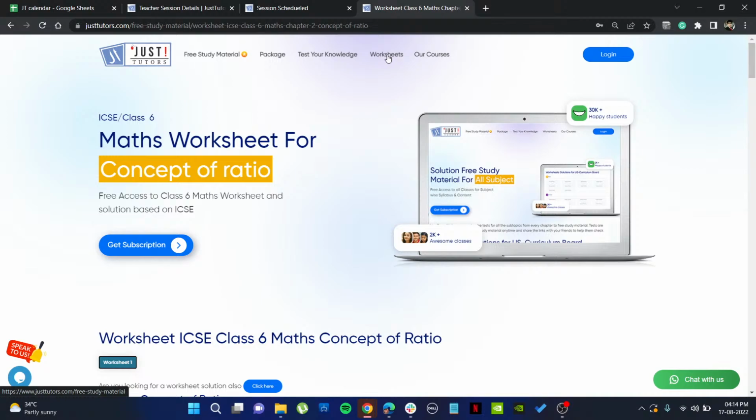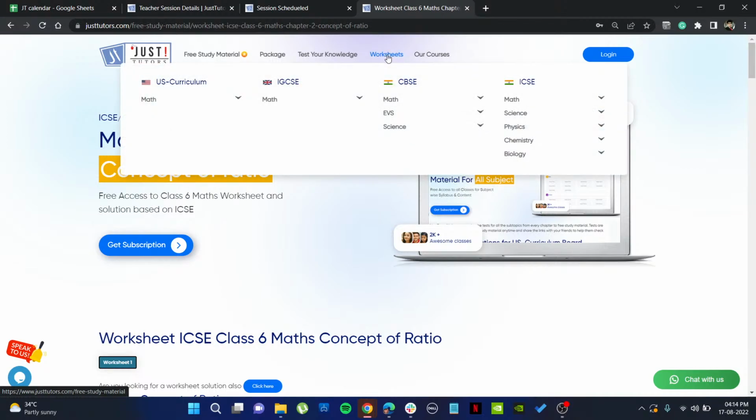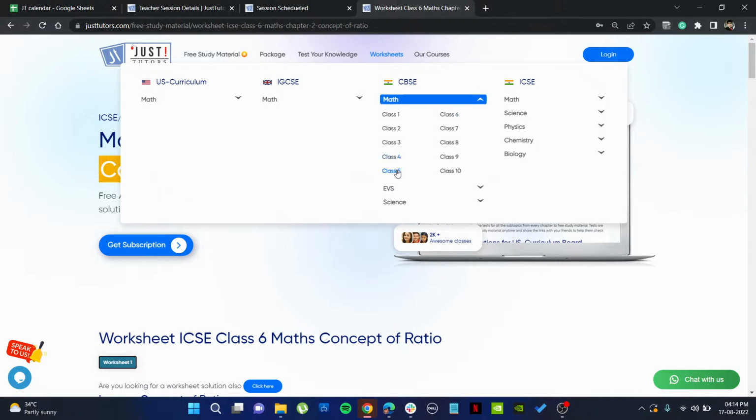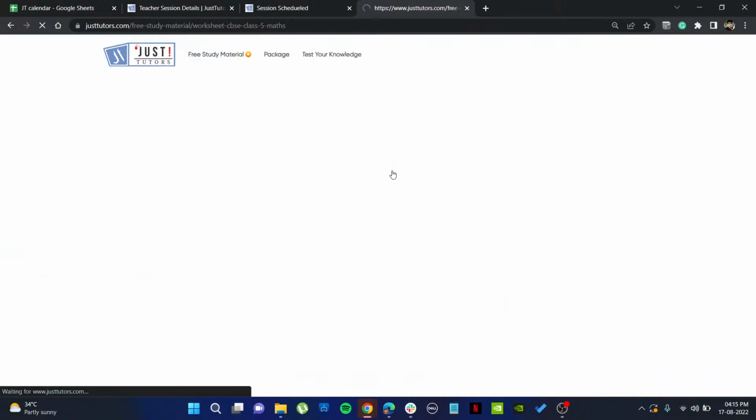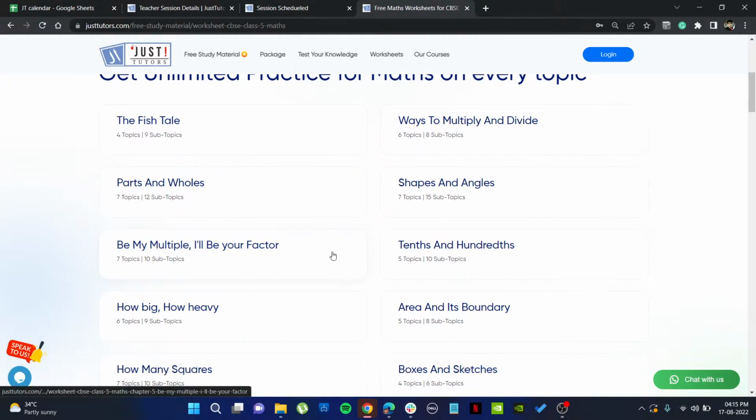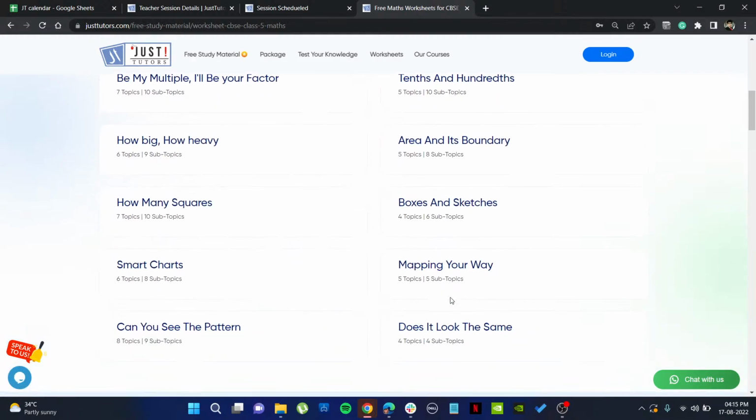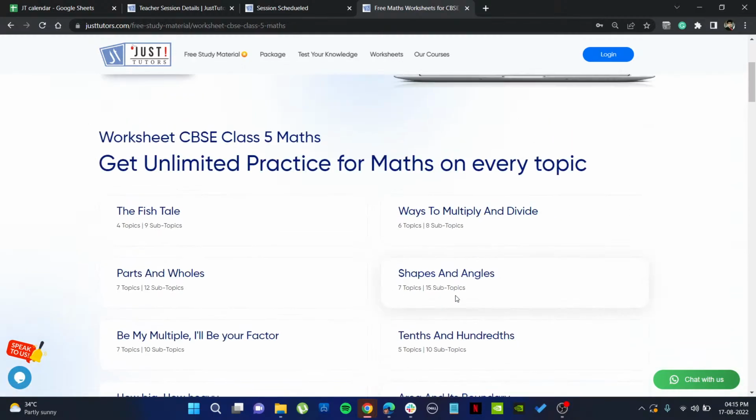And let's explore worksheets. For worksheets, let's click on maths, select your grade, let's select class 5th. Okay, so here we can see lots of topics.